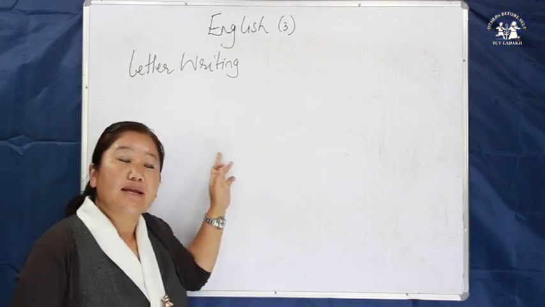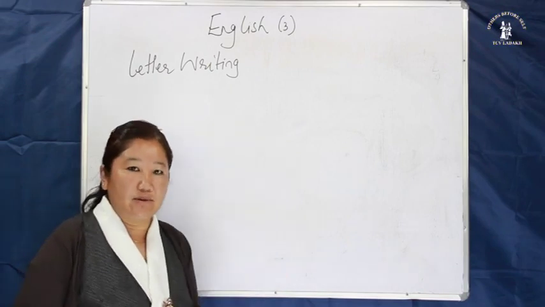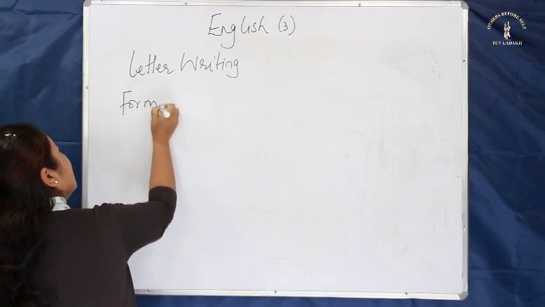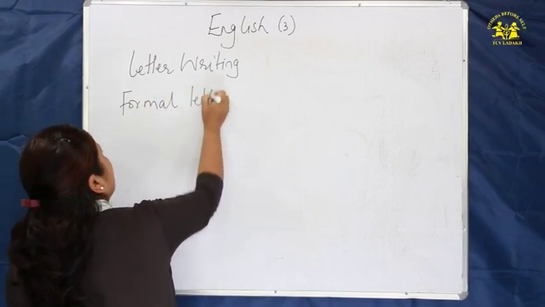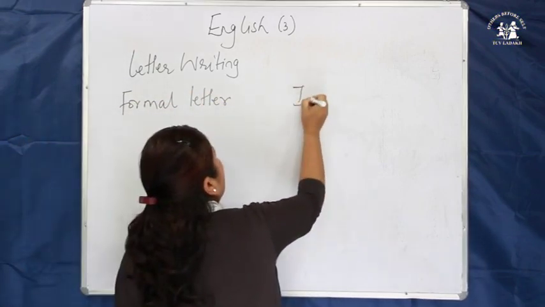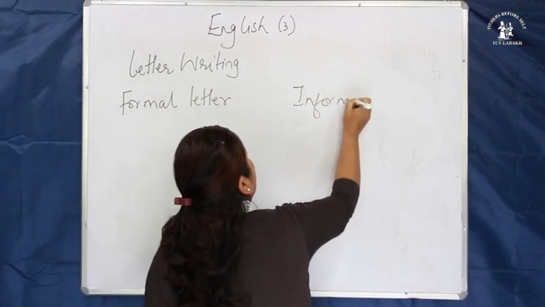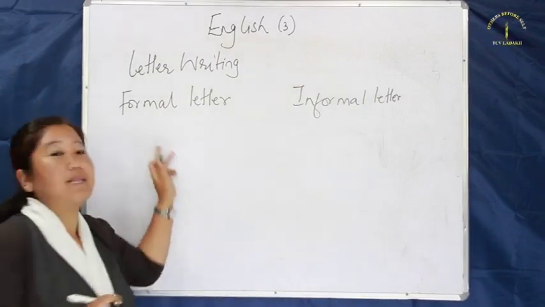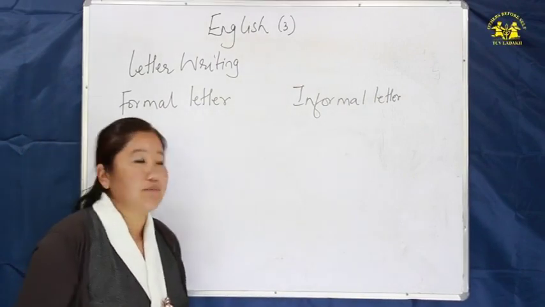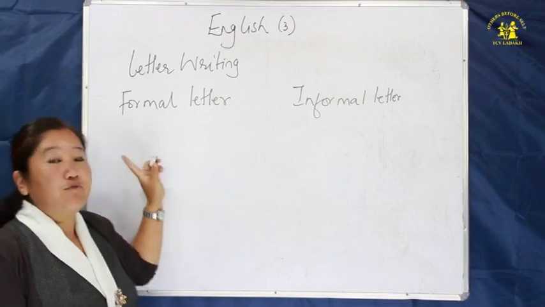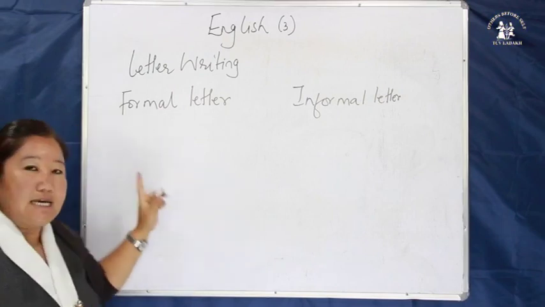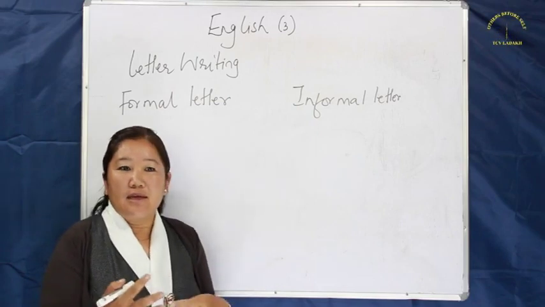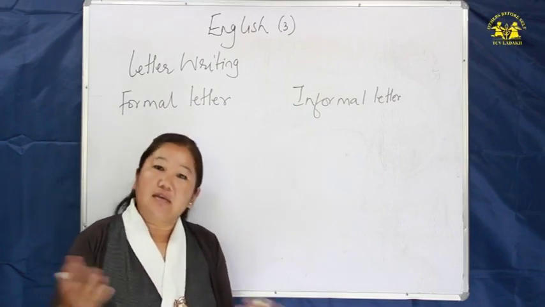As you know, letter writing has 2 types, right? The first one is formal letter, and you have an informal letter. Most of the time you have a formal letter in your board exam, okay? As you know, the word formal indicates that it is formal, and informal means something that is very casual.